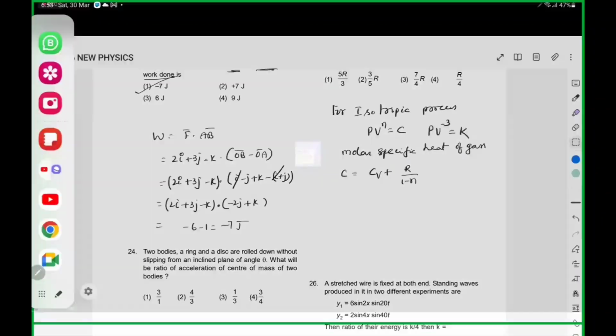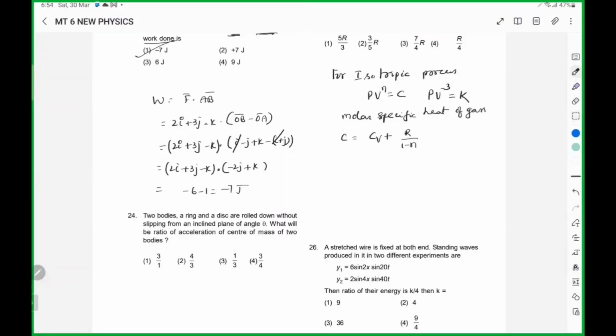So for a monoatomic gas, Cv is equal to R by gamma minus 1. Gamma here is 5 by 3, so 3R by 2.